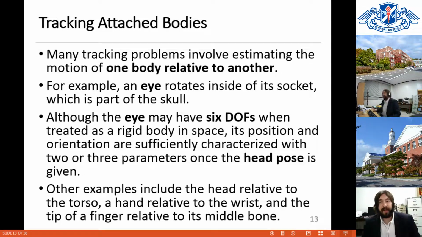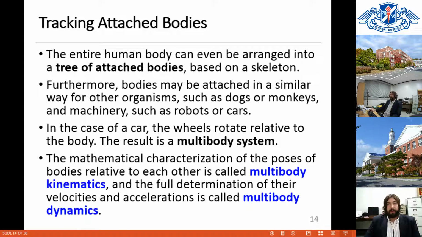Other examples include the head relative to the torso, the hand relative to the wrist, and the tip of a finger relative to the middle bone. So parts of the human body are interconnected to each other. The entire human body can even be arranged into a tree of attached bodies based on the skeleton.